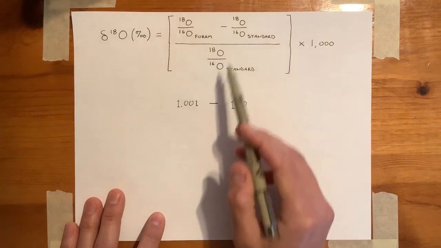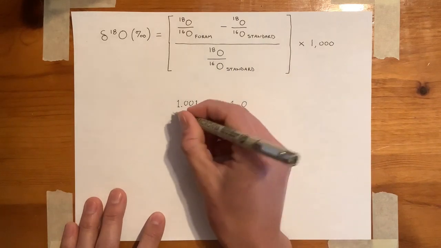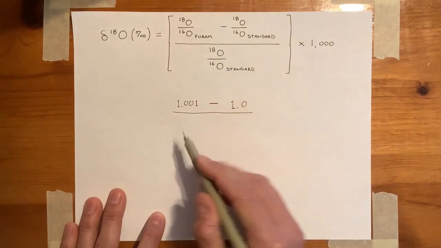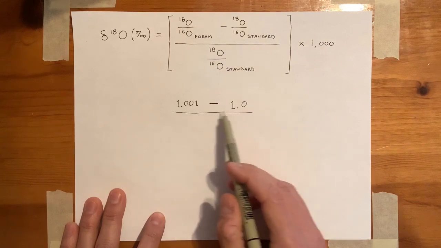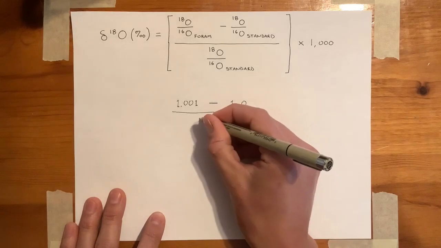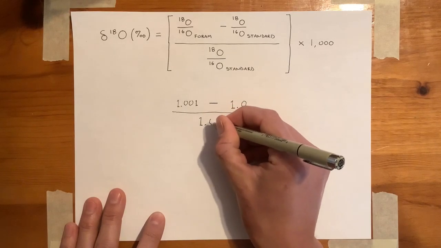Okay, so to go through our exercise here, we have the measured isotope ratio, 1.001 minus 1, divided by 1.